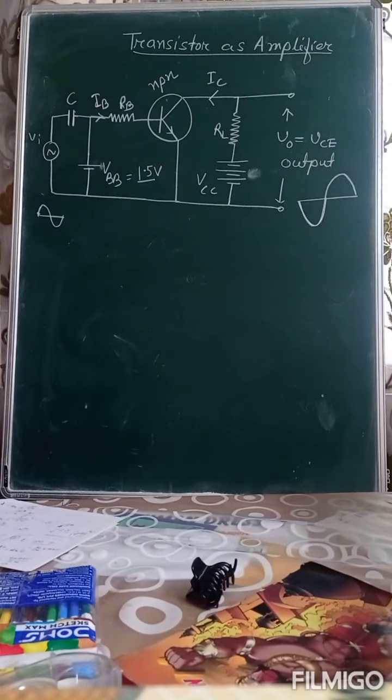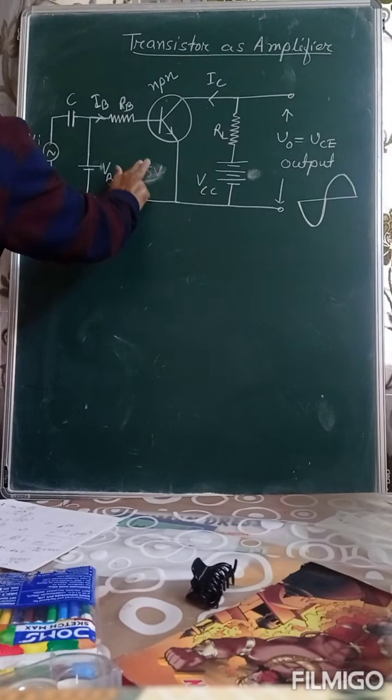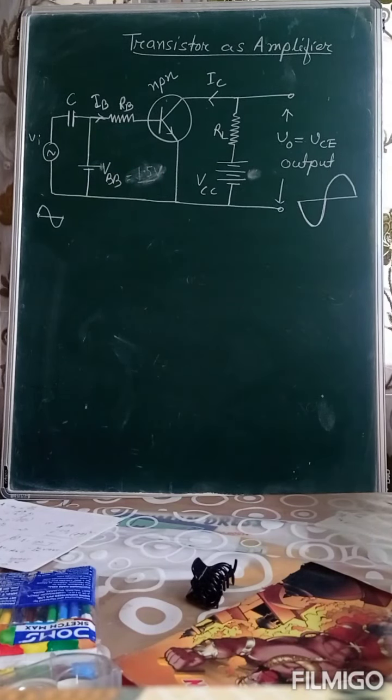Let me tell you once again. As the signal is applied to the base emitter junction, which is forward biased, base emitter voltage changes periodically, due to which base current and hence collector current also changes periodically.